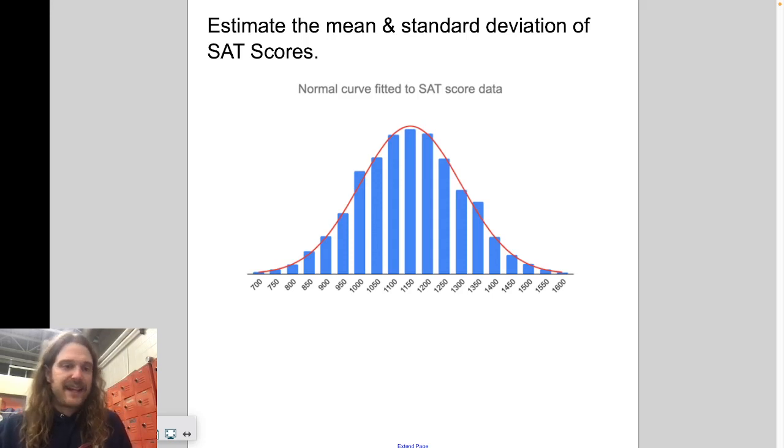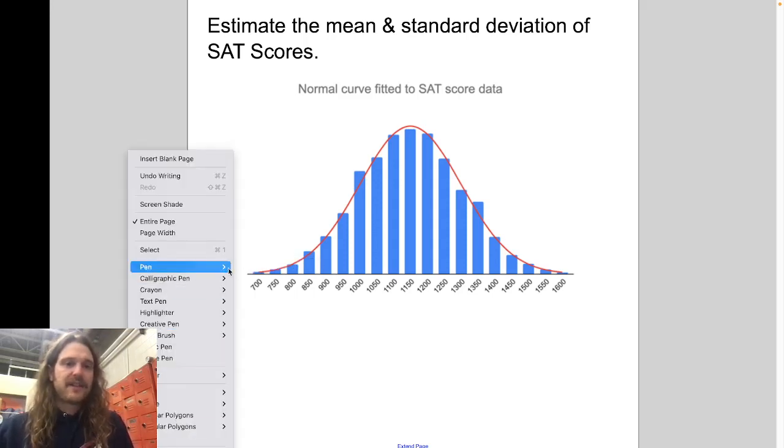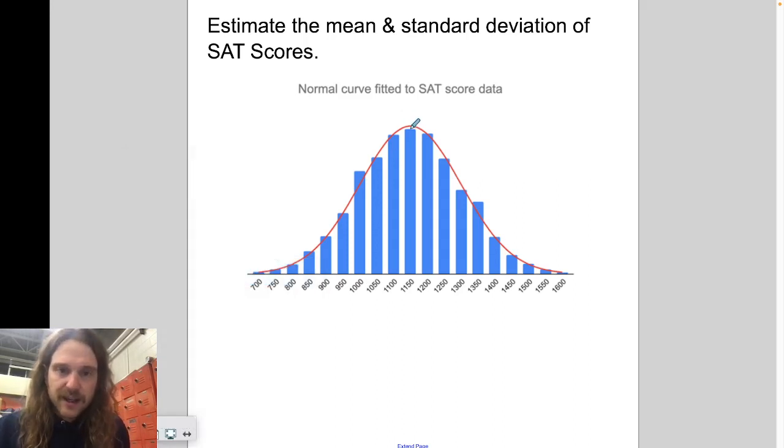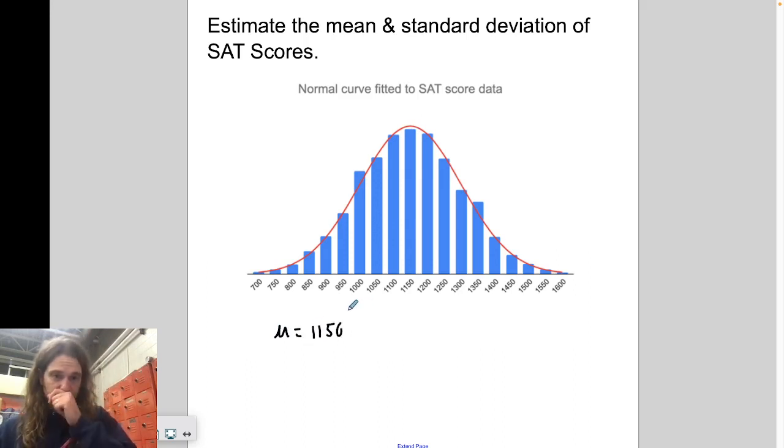Let's take a second to estimate the mean and standard deviation of these SAT scores. To find the mean, we simply look at the peak and trace our way down. It seems the mean in this case is 1150. How do we find the standard deviation? There are two ways.